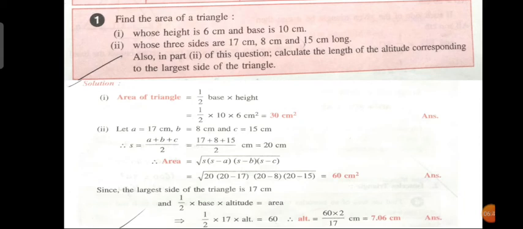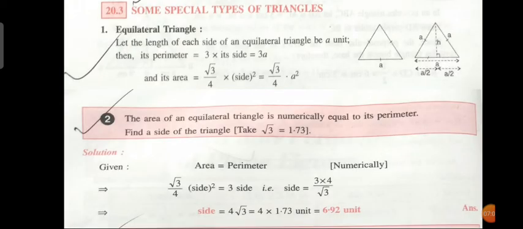First, directly substituting in half into base into height, it is half into 10 into 6, which is 30 centimeter square. Second, a, b, c are given because the sides of the triangle are given, so using Heron's formula you get the answer. And by using half into base into altitude, you can get the altitude of the triangle. Next are some special types of triangles.